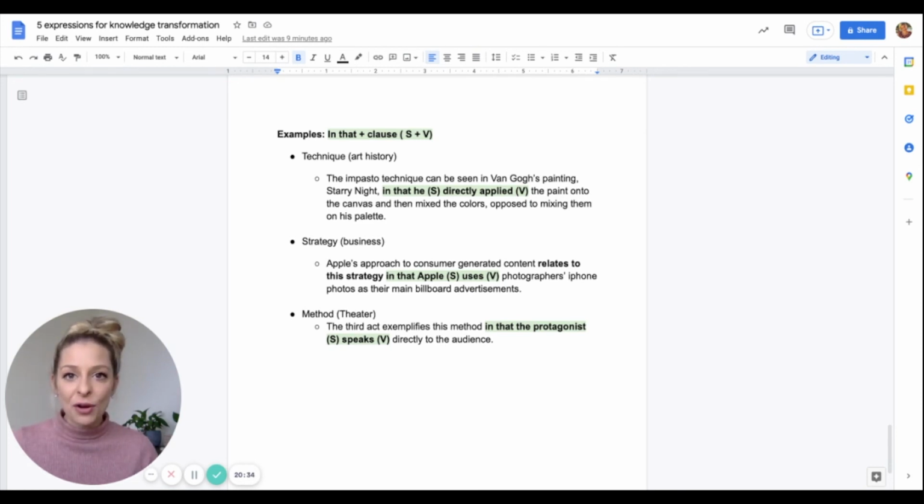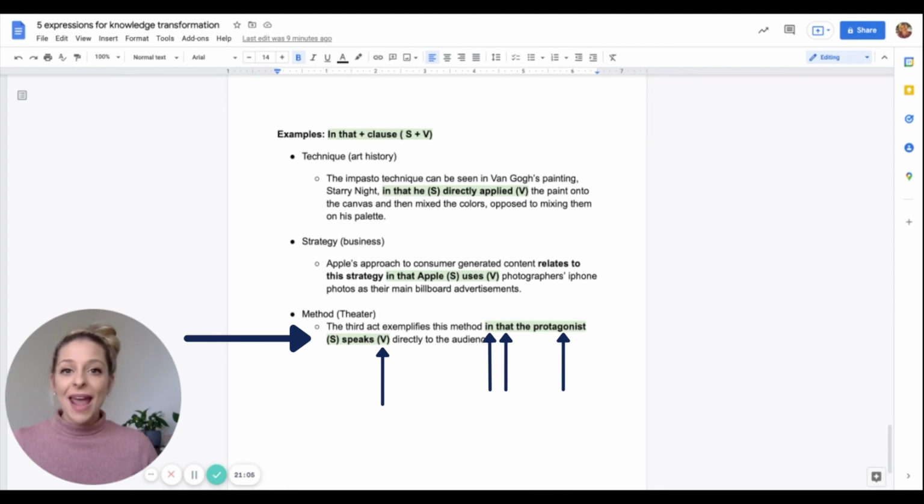Let's take a look at the third example. So again, we're in a theater class and we're talking about acting methods. We say, the third act exemplifies this method in that the protagonist speaks directly to the audience. We have the preposition in, we have the word that, the protagonist is the subject, and speaks is the verb. So again, we have this method and then exactly how it's being applied to the situation.